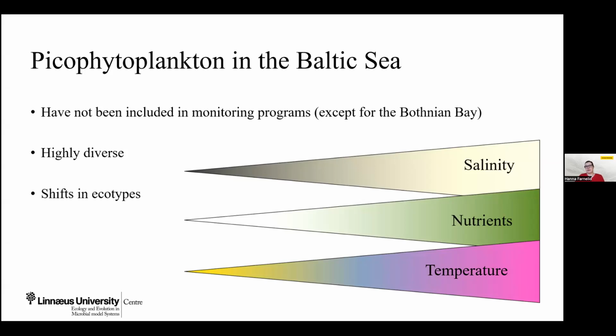And one of the reasons for this is that we have many different types of gradients. So in the Baltic Sea, there is a salinity gradient from highly saline water coming in through the Danish Straits to the Bothnian Bay, where there's a very low salinity. There is also a difference in nutrients.